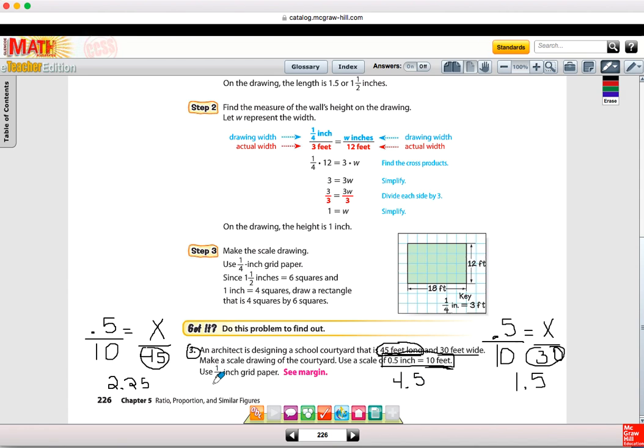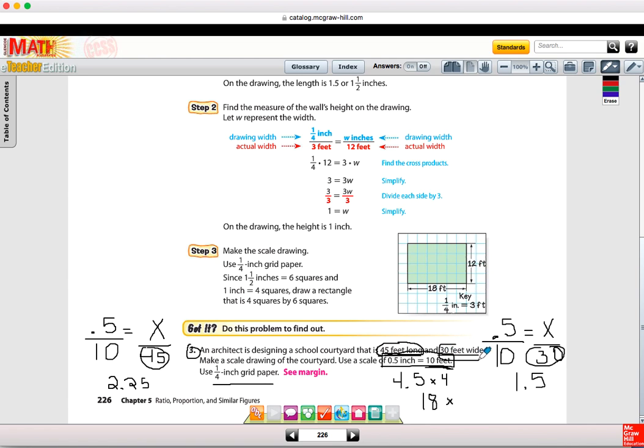It says 1/4 inch grid paper, so that would be 18 squares, and how I got that was I took 4.5 times 4, because every square is going to be a 1/4 inch.